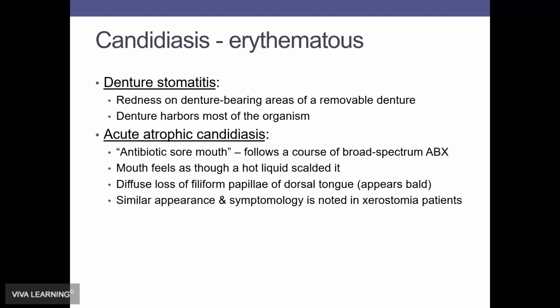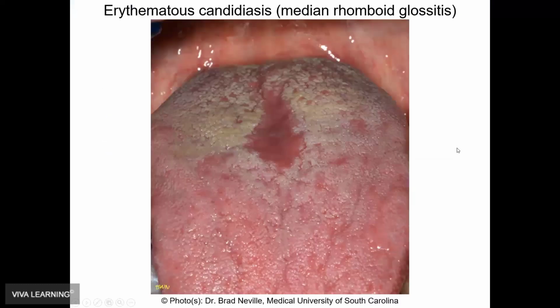You have to remember to ask patients who present like this if they took antibiotics, because 9 times out of 10 patients who present like this just have xerostomia. So you want to rule out a fungal infection. And I admit, I forget sometimes too. When patients come to see me for dry mouth and they're having these symptoms, I occasionally will forget to ask them if they took broad spectrum antibiotics, but that's really the most appropriate thing to do to ensure they don't have acute atrophic candidiasis.